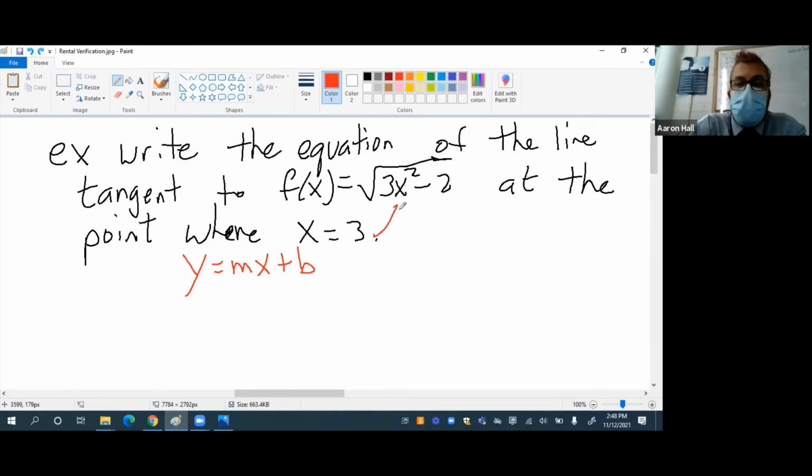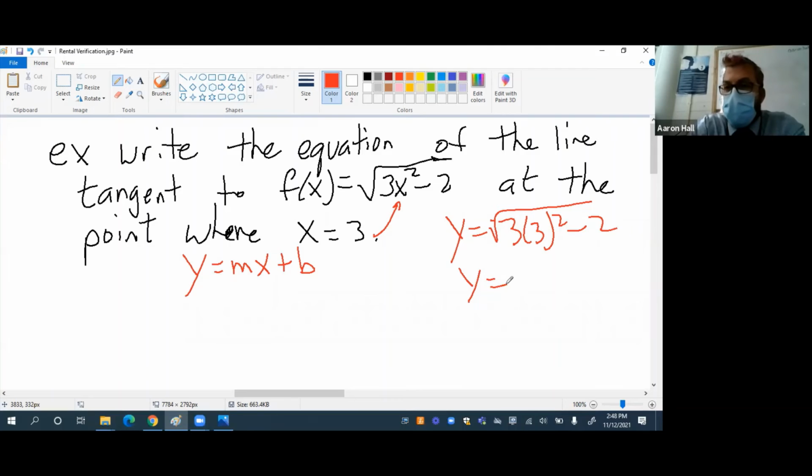Plug it into the original equation, and that gives me my y value equals the square root of 3 times 3 squared minus 2. So y equals, order of operations, what do we do first?